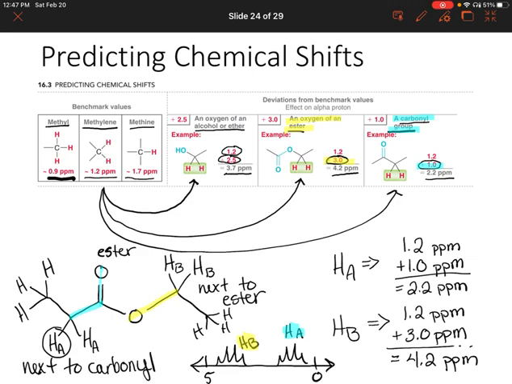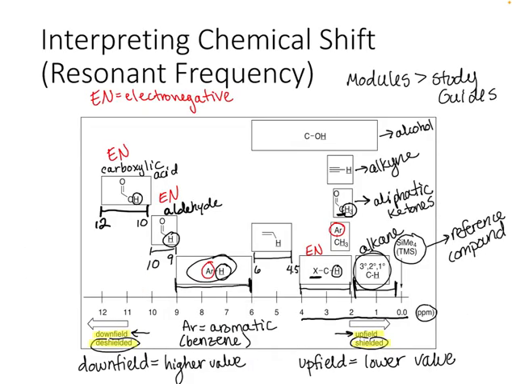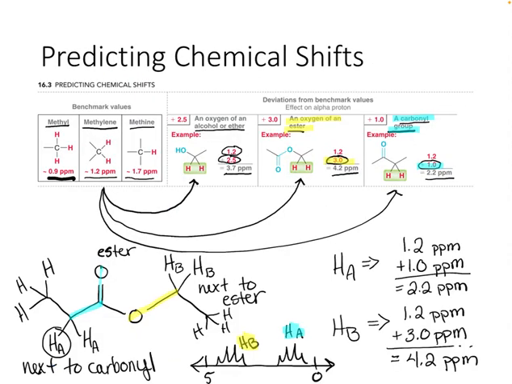So I would give you, for instance, this chart on an exam, so you could try to line up peaks with specific functional groups and their protons. I would also give you this chart as well, so you could kind of predict where peaks should show up, either upfield or downfield.